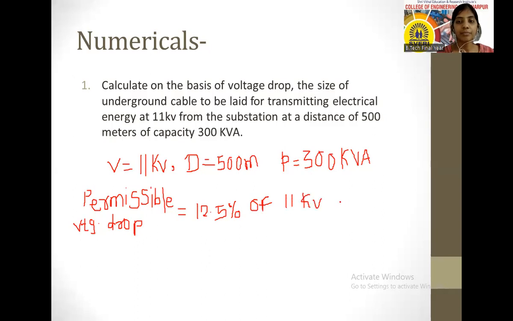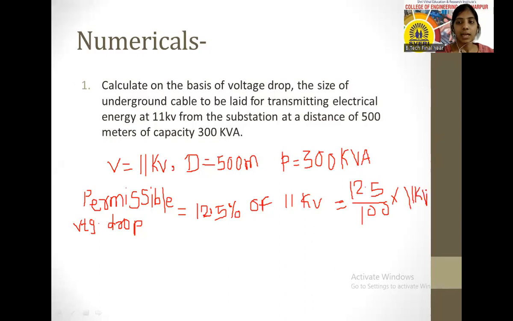Otherwise, you can use this formula, 12.5 divided by 100 into 11 kV.